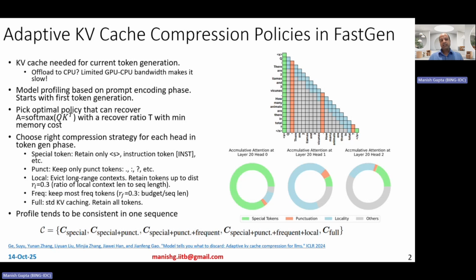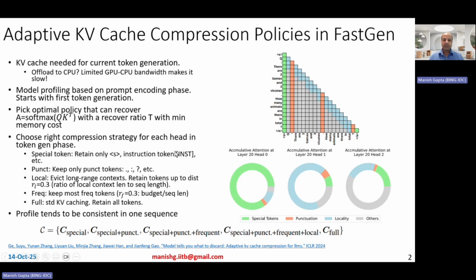For example, if you just keep the punctuation-based tokens for this head, can it recover like 95% of the attention map for this head? If yes, then there is no point keeping anything else, because punctuation marks typically would consume the minimum memory cost. So accordingly, which kind of policies can you select?